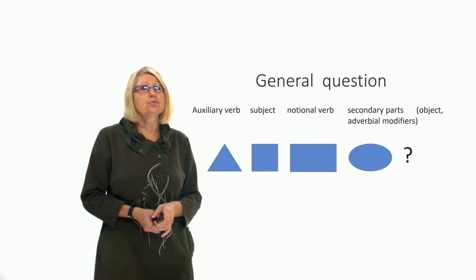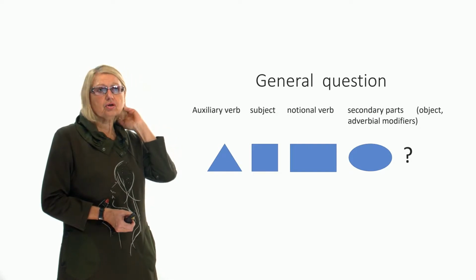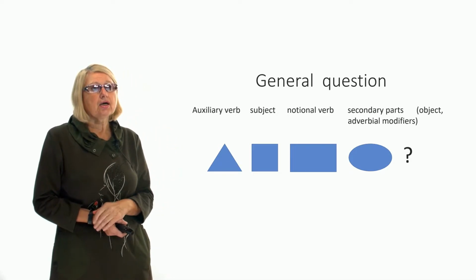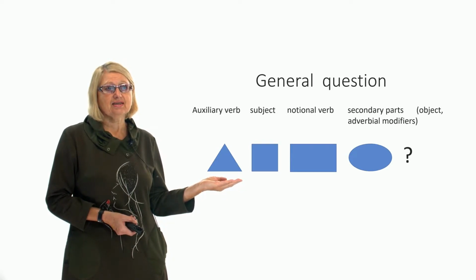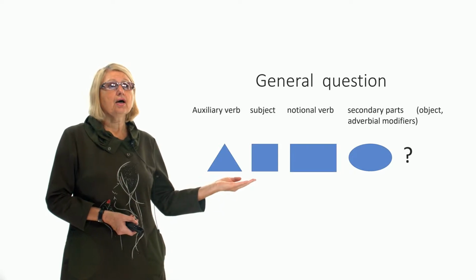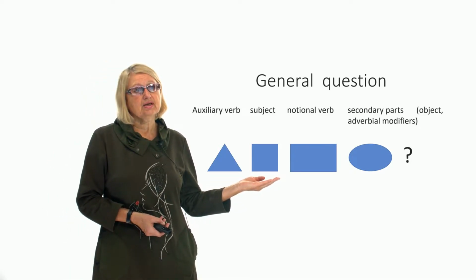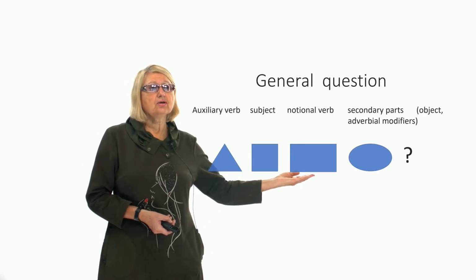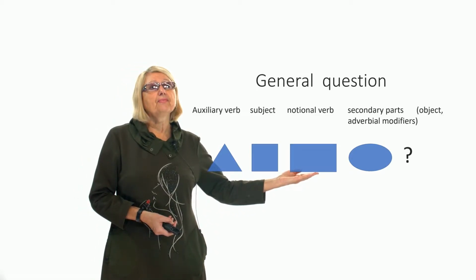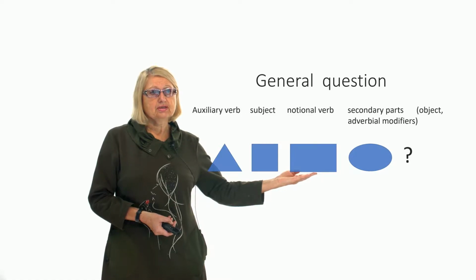We start with general question. Look at the scheme. General question starts with an auxiliary verb, вспомогательный глагол. Then goes a subject, подлежащее. Then goes a notional verb, смысловой глагол.